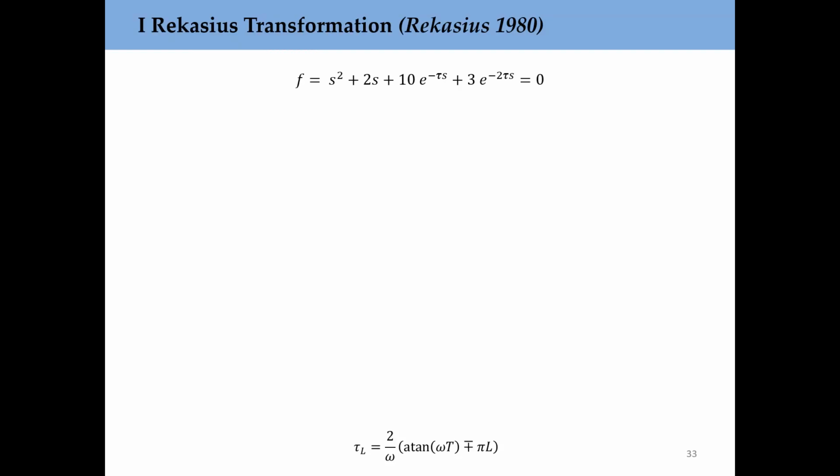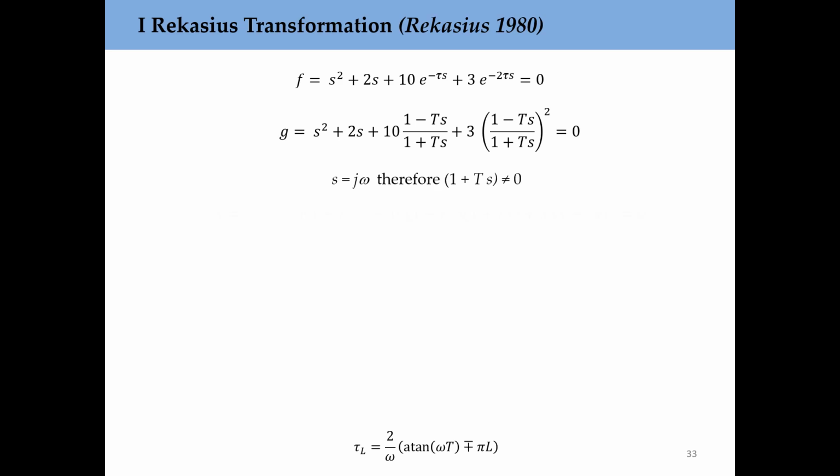Perfect. So in this case, we have found H, which is now a polynomial. H is a polynomial in S and T. I believe it is, let's actually take a look. It's actually fourth order.